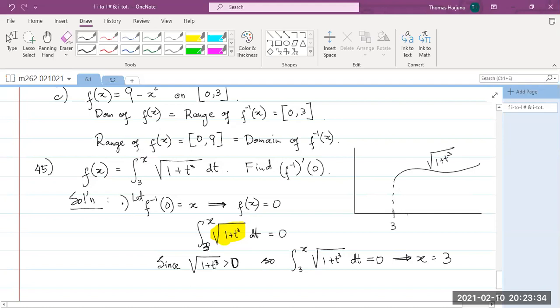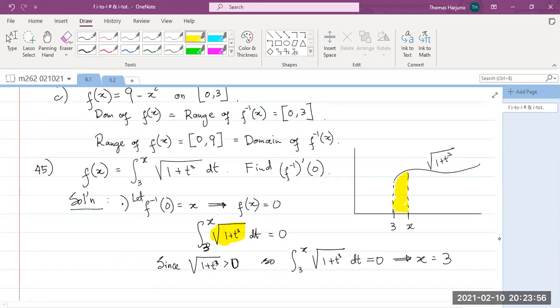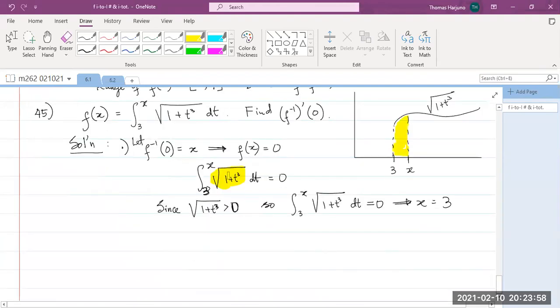Now what is x such that the area under the curve is 0? It's a tricky question, right? But the only way that the area under a curve will be 0 is when x equals 3. Then, with that said, f inverse of 0 is equal to 3.